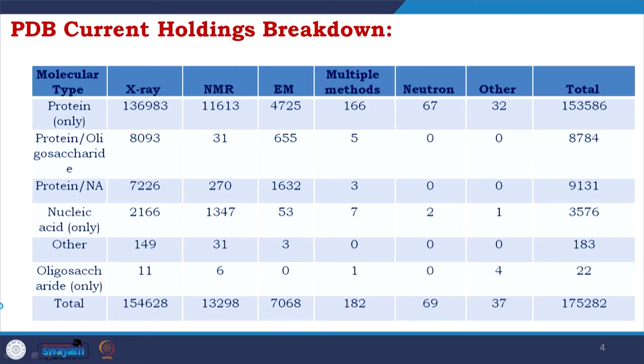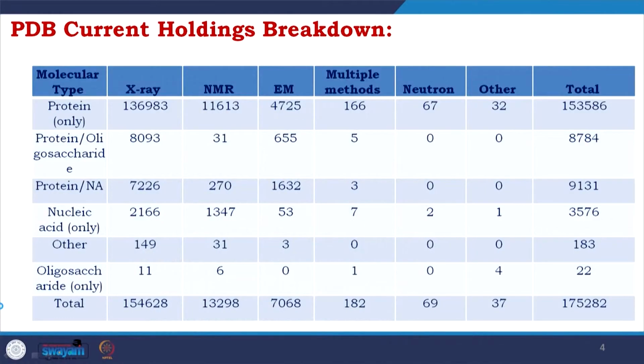NMR, it is 110613, electron microscopy 4725, and other multiple method 166, neutron diffraction 67, other 32, which are coming into small methods. So, a total of 1,53,586 protein molecules have already entered as a structure.